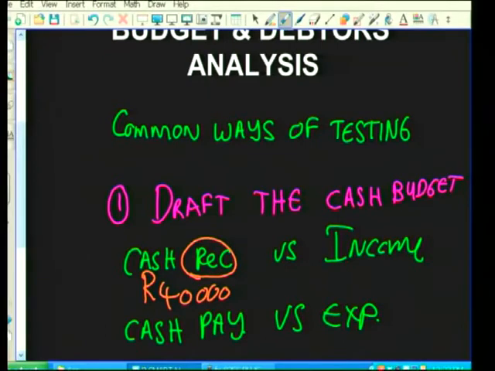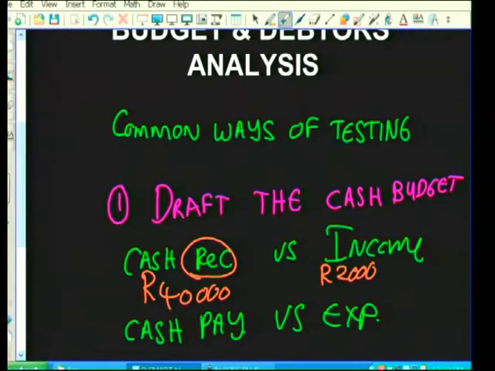In other words, I am receiving cash. Hence, it's going to go into my cash budget. But on the other hand, if I had to ask you to calculate the profit on the sale of this vehicle, and let's assume the profit was 2,000 Rand, that 2,000 would be regarded as your income, not your receipt of cash. Okay, you guys are with me.